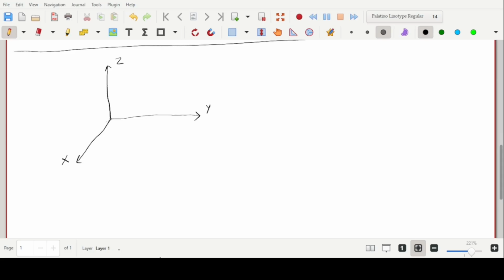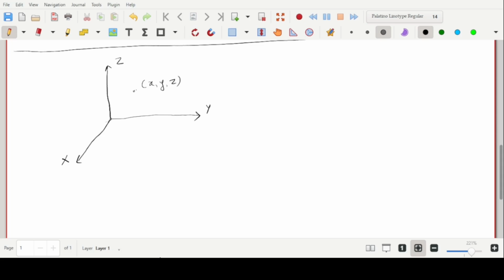Alright, so now suppose this is a point, let's say x comma y comma z, and we want to define three new parameters r, phi and theta, using which we should be able to locate the same point in the space.